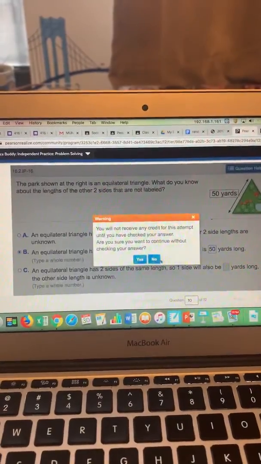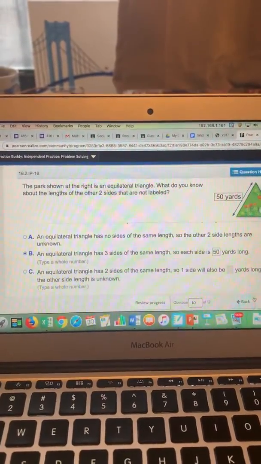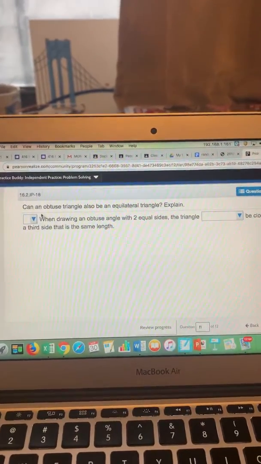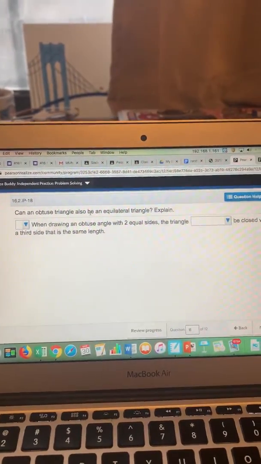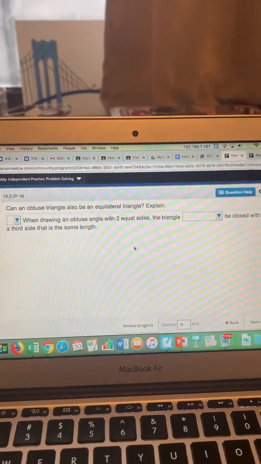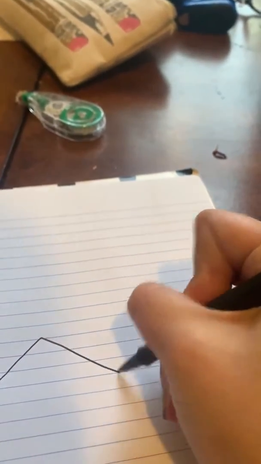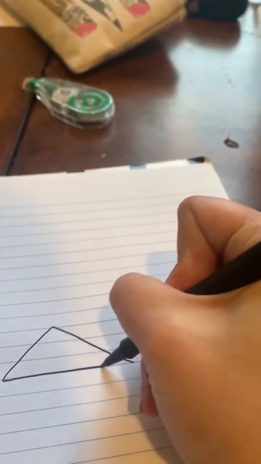Let's look at question number 11. Question number 11 says, can an obtuse triangle also be an equilateral triangle? If I were to draw an obtuse triangle, we know this is an obtuse triangle.